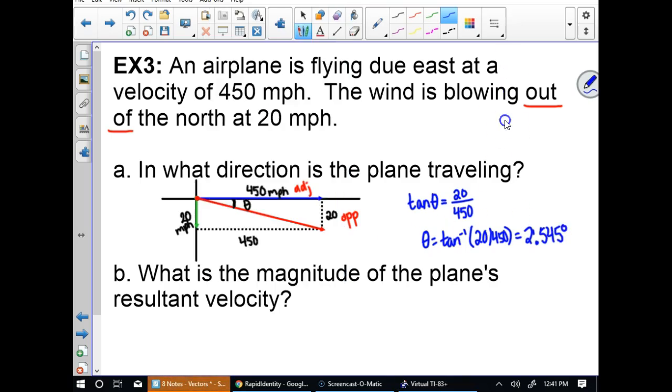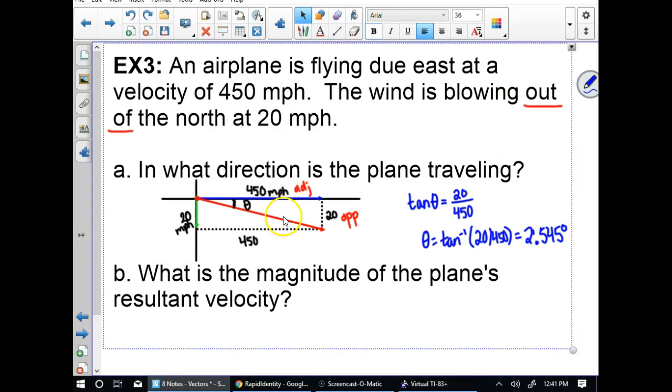And Jaden, what would I say for that? Is that north of east, south of east, east of south? What would I have for that? Okay. South of east. Good. South of east. And I think that's confusing.